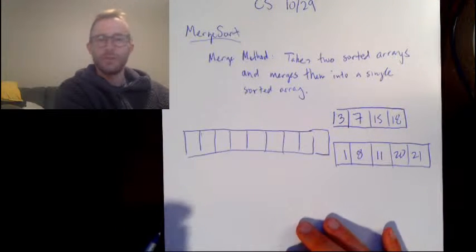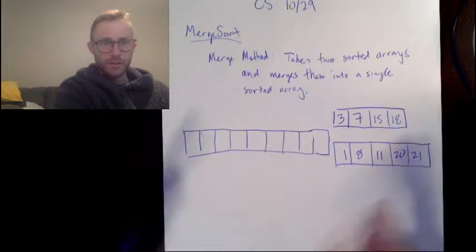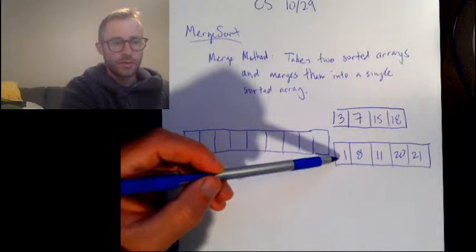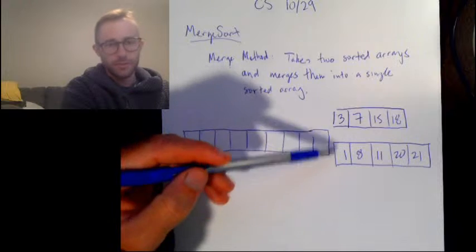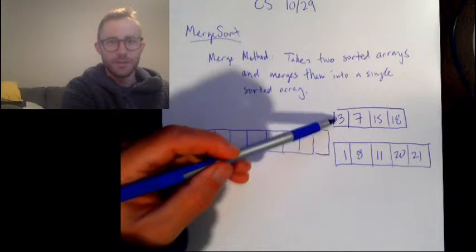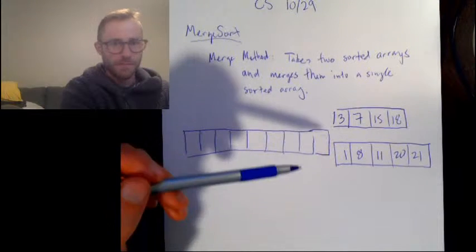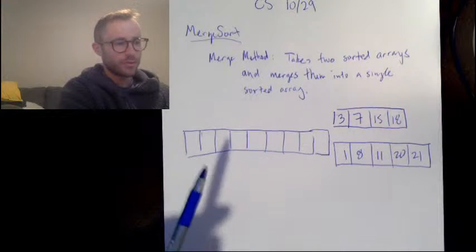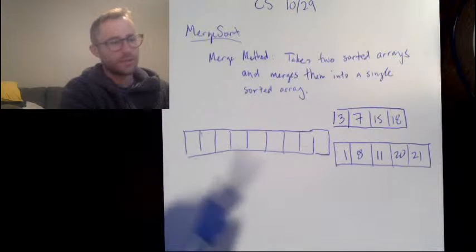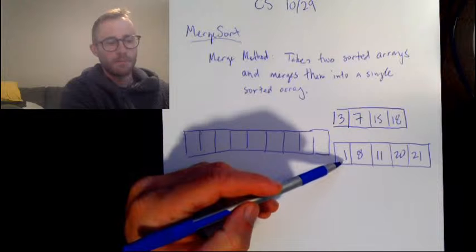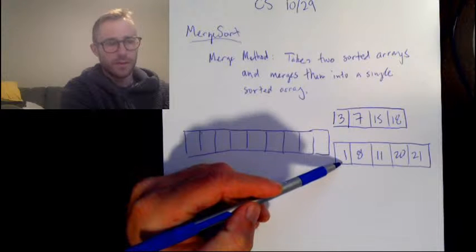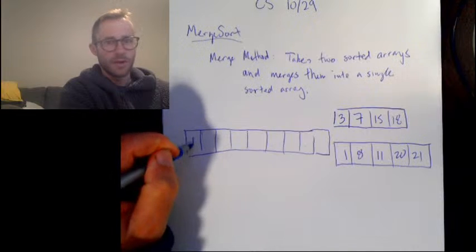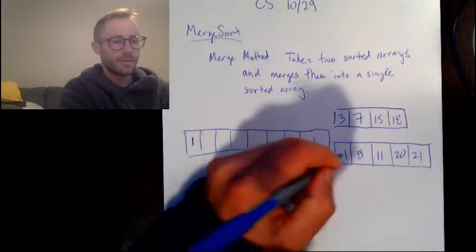Okay, so how does it do that? What it does is it compares the first element of each array, and it puts the smaller one into the first slot, or the 0th slot, I should say. Okay, so 1 is less than 3, so it's going to put 1 into the front of the array.